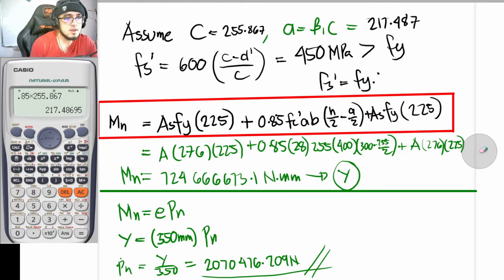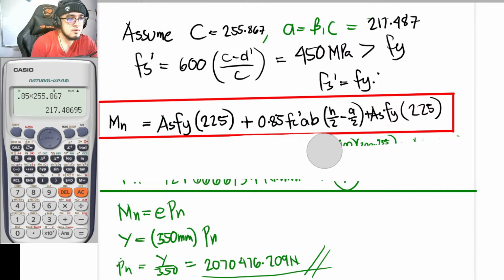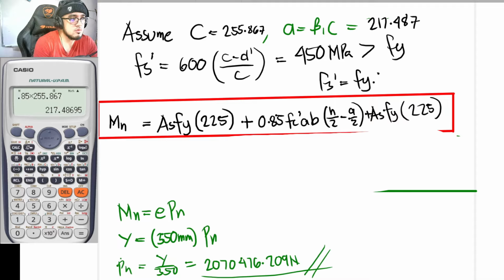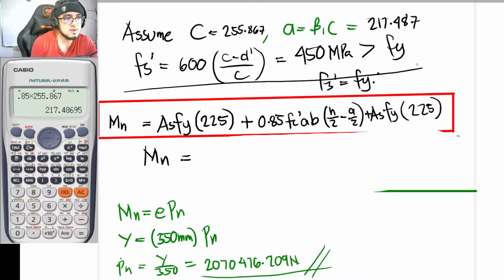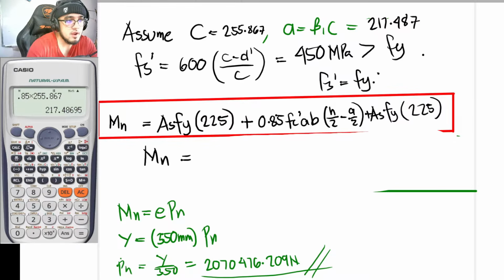So erase ko na itong lahat na to. So solve for the value for our Mn, and this is now equal to, substituting all known values. So by the way guys, before solving for Mn, let us solve for Fs prime first.